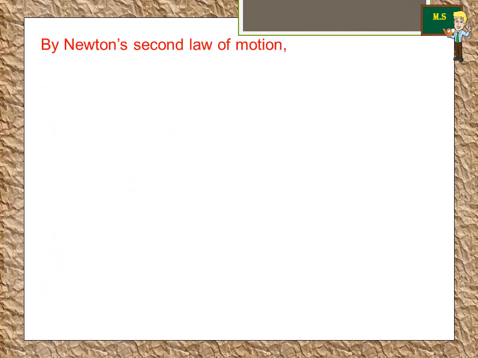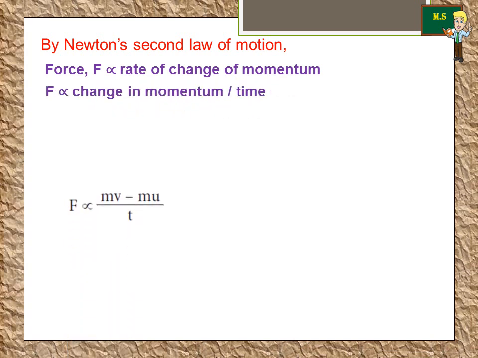By Newton's second law of motion, F, that means the force, is directly proportional to the change of momentum with respect to time, that is F is proportional to (mv minus mu) by t. Here m is the mass of the body, v is the final velocity and u is the initial velocity.